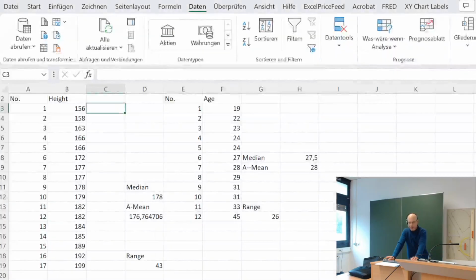What do we have to do then with our first data point 156 in order to get the numbers where we at the end get the aggregated number of mean average distance?